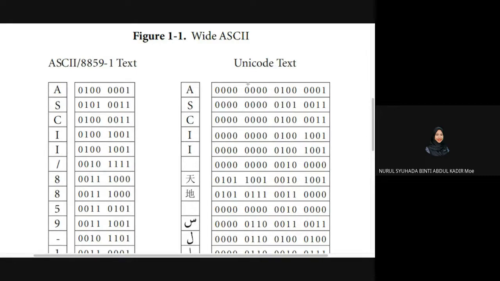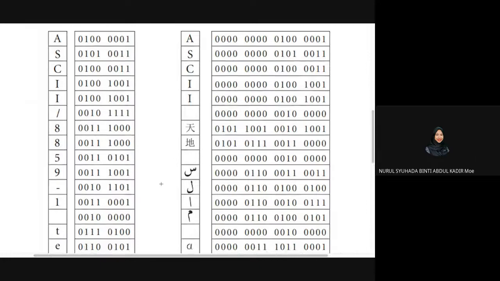Tapi in the Unicode coding scheme, the representation is different. It's 0000 0000 0100 0001. If you can see, dia punya representation berbeza. It depends on your system. So huruf lain pun samalah, kalau S macam ni, kalau S untuk Unicode macam ni. If C like this, C in Unicode it's like this, okay, and other symbols as well.